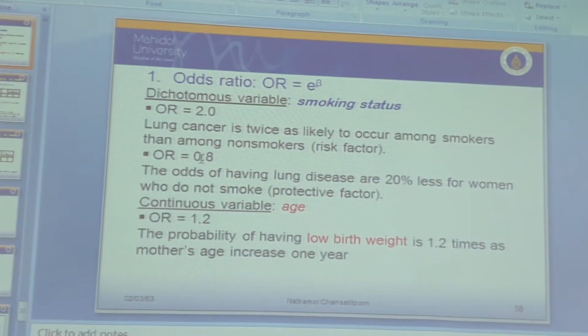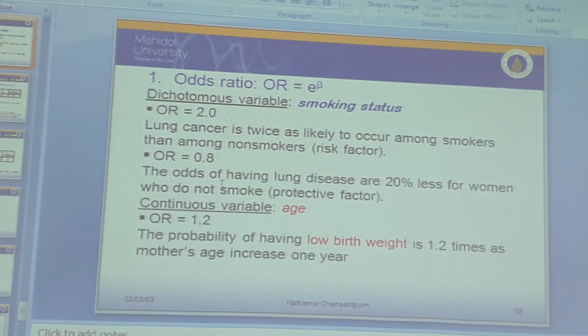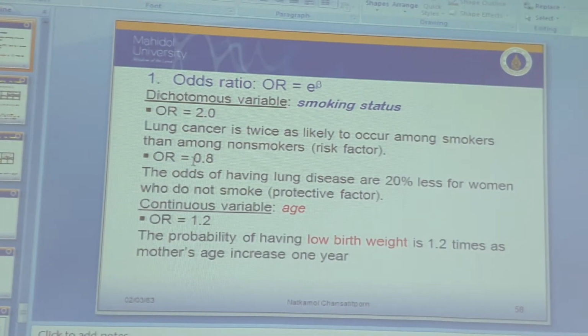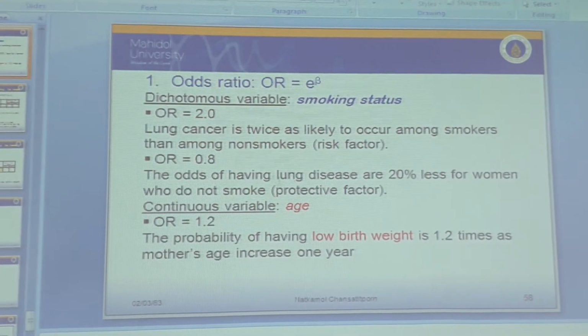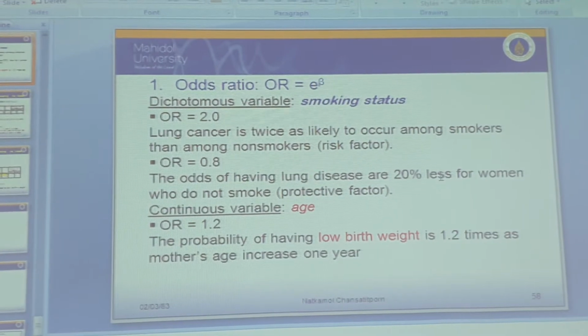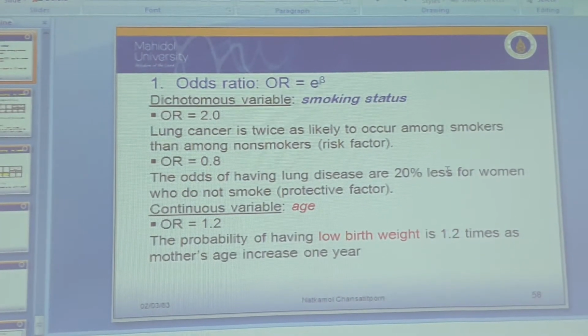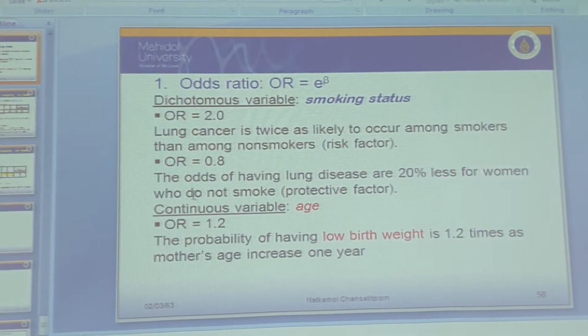And if your odds ratio is 0.8, how can we interpret? We interpret in terms of 1 minus odds ratio and make it a percentage. So the odds of having lung disease are 20% less for smokers than for those who do not smoke.